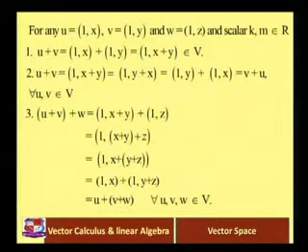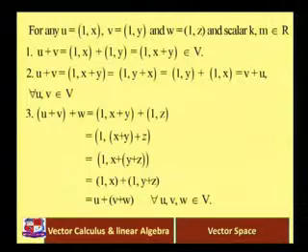Let's see the third condition, the associative law for addition. In brackets, (u + v) + w is equal to (1, x + y) + (1, z). Now we use the definition of addition which is given in the statement, that is (1, (x + y) + z).